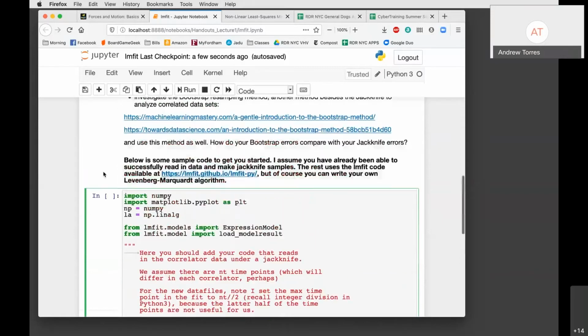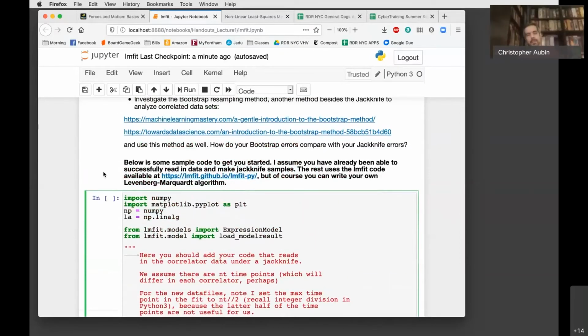So with Bootstrap, let's say you've got, I'll just say, 100 configurations instead of 331. Then you decide how big you want your Bootstrap sample to be. It could be the same as the number of configurations, 100, but it could also be any number. You could say 50.